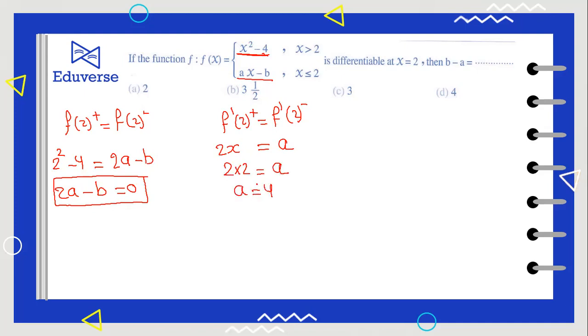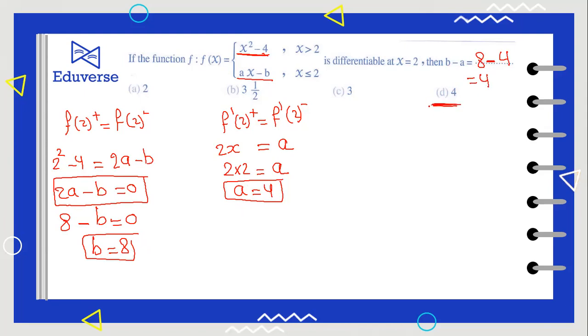Then a equals 4. Substitute this value in the first equation: 2 multiply a, that is 2 multiply 4 minus b equals 0. Then b equals 8. That's the value of a and the value of b. I want to find b minus a. b is 8 minus a is 4, 8 minus 4 equals 4. That's b minus a.